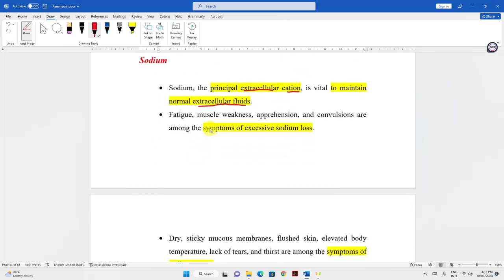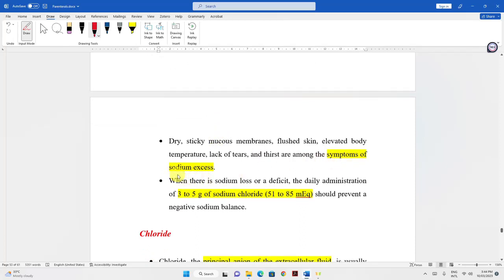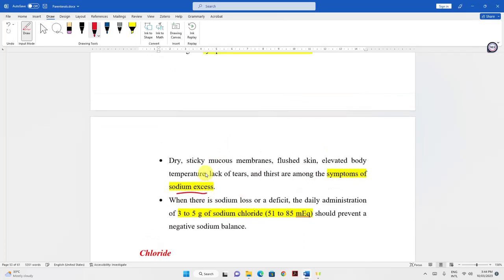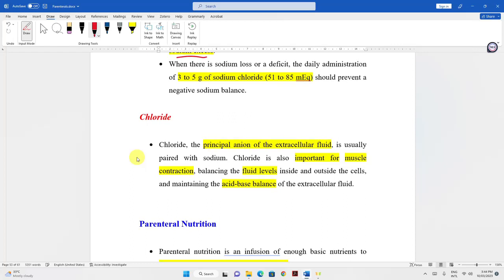With little sodium or excessive sodium loss, meaning little sodium in the body, you might have fatigue, muscle weakness, convulsions, etc. And with excessive sodium, meaning too much sodium, the opposite, you will have dry or sticky mucous membranes, flushed skin, elevated body temperature, lack of tears, etc.